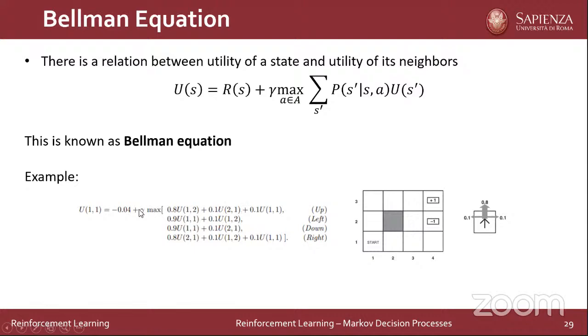So here now we have minus 0.04, and (1,2) will be minus 0.04 as well. So eventually you will be propagating this information to all the states, and there will be a certain point where there will be no update anymore because you have computed the exact values.